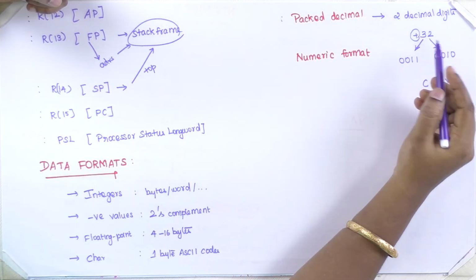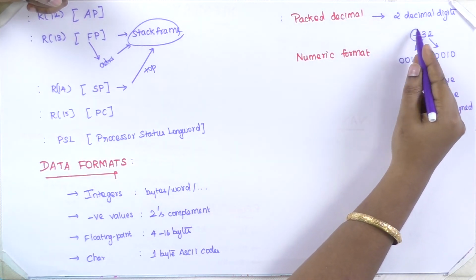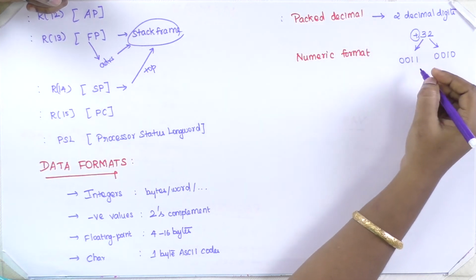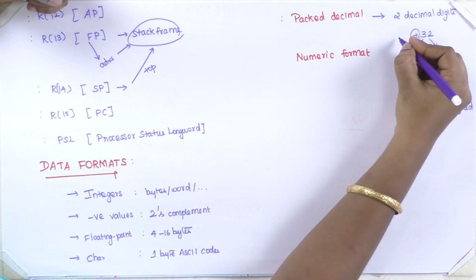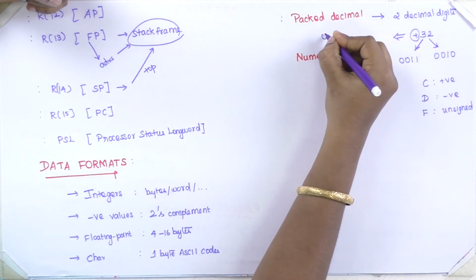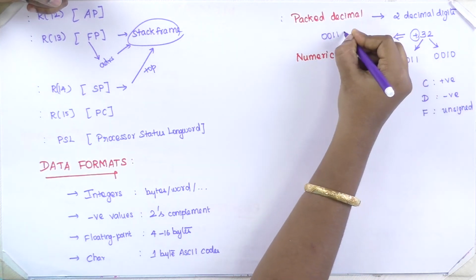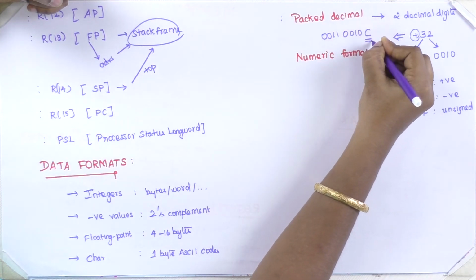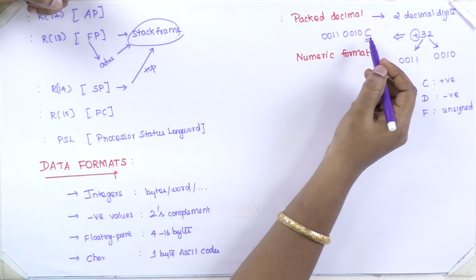Since it is a positive number, the sign is encoded in the last position. So in packed decimal format, plus 32 is encoded as 0011, 0010 and C. This C indicates the sign of the number.